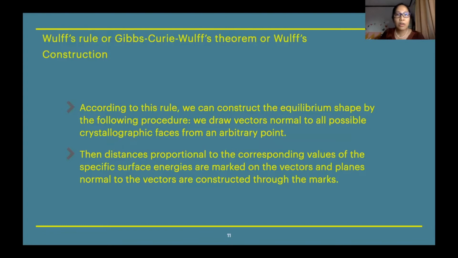According to the Gibbs-Curie-Wulff theorem, we can construct the equilibrium shape by the following procedure. We draw vectors normal to all possible crystallographic faces from an arbitrary point. Then distances proportional to the corresponding values of the specific surface energies are marked on the vectors, and planes normal to the vectors are constructed through the marks.